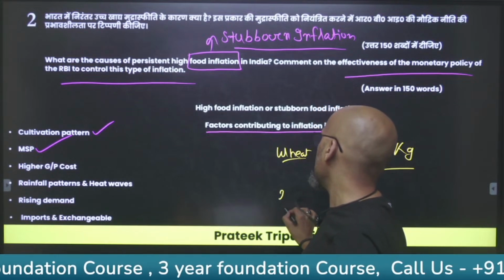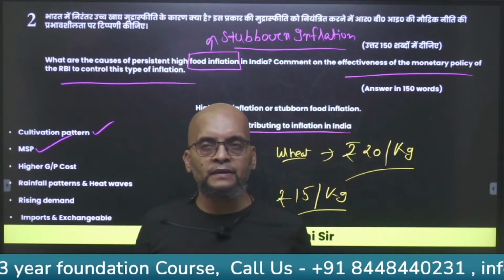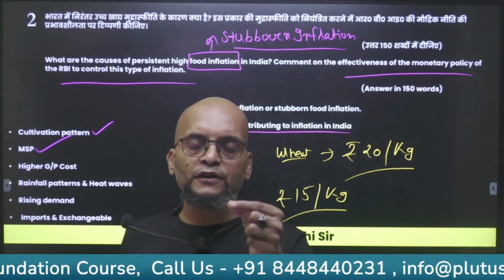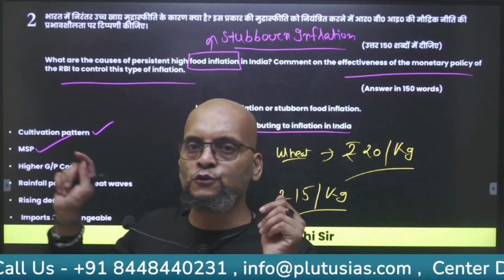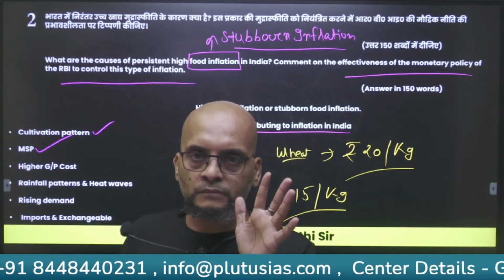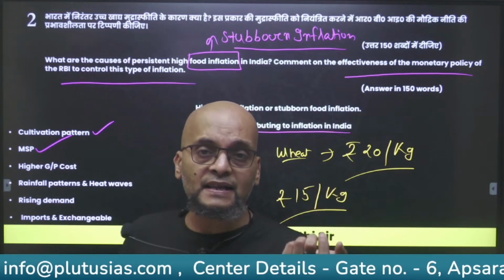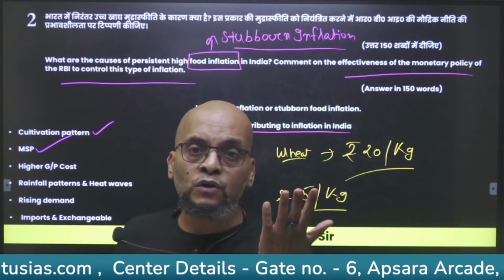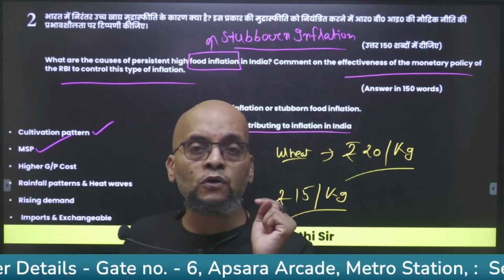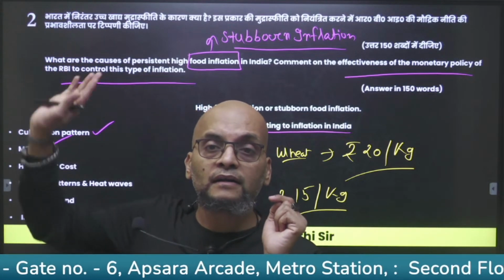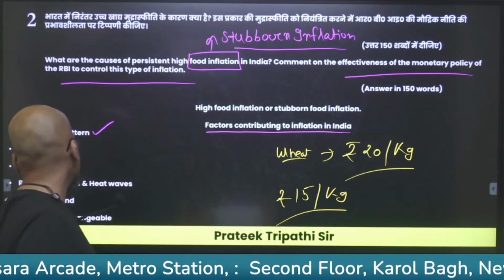They are saying we will give 15 rupees per kg for wheat. So farmers will say, okay, if you are not going to give me 20 rupees, I am not going to sell it to you. Rather, I'll go and sell it to the government. So a trader who has to do business, or customers who need wheat, it's a staple food in India, what will they do? They will purchase it for 20. Yes or no? They are compelled to do so, thereby giving a hike in the price. Getting my point? So that's what is happening due to MSP.